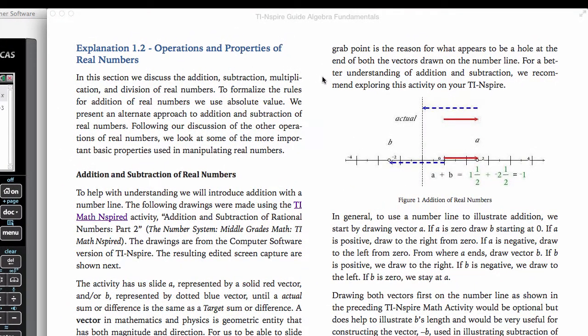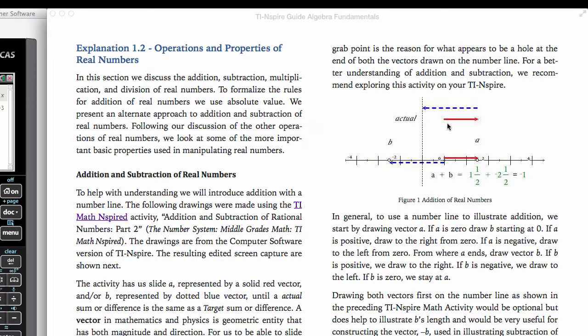When we first start off with positive and negative numbers, we look at 1.5 plus a negative 2.5. So we're starting off and showing them both written on the number line.